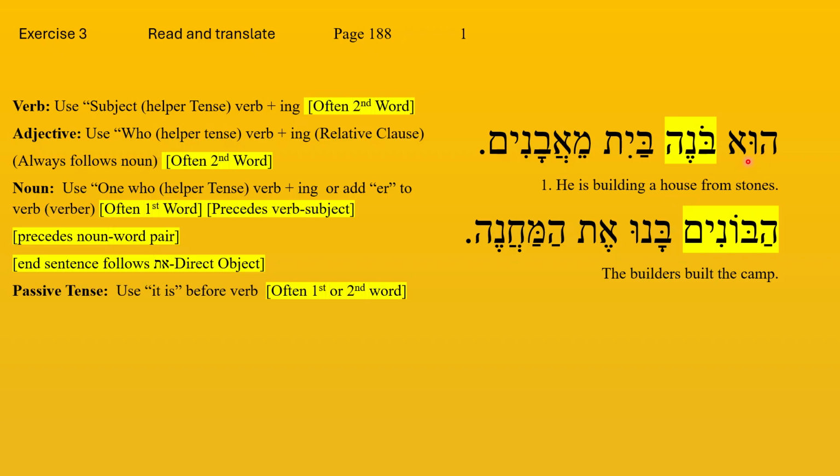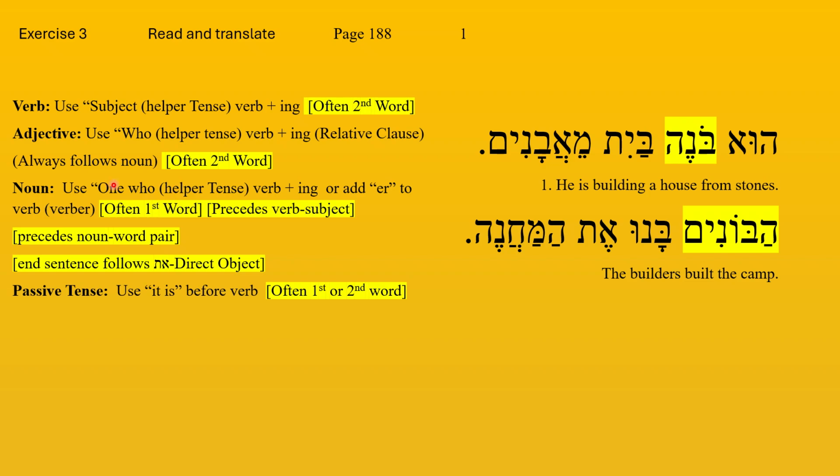So, hu boneh bayit me'avanim. Okay. So he is in the first position, probably the subject. That makes this participle most likely the verb. Does that work?